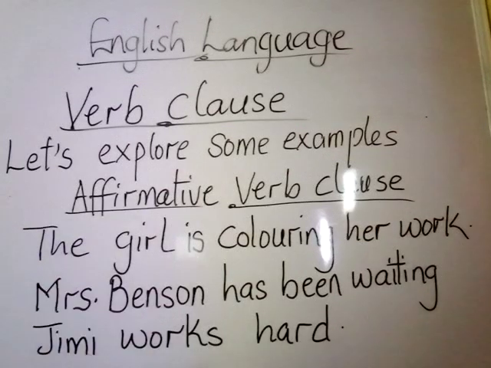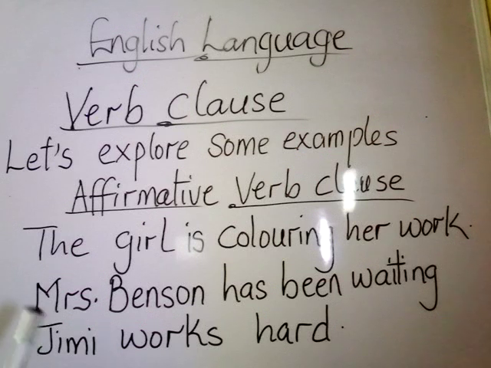So when we say affirmative, it's not a big word. It just means the normal or positive verb clause. Because when we go further, you're going to see some that ask questions. There are those that are negative, with the use of not. Okay, so these are just the straight ones, expressing information. So they are the affirmative verb clause.